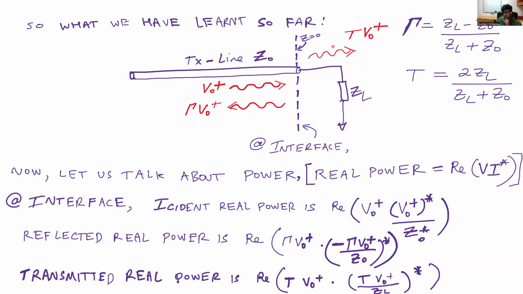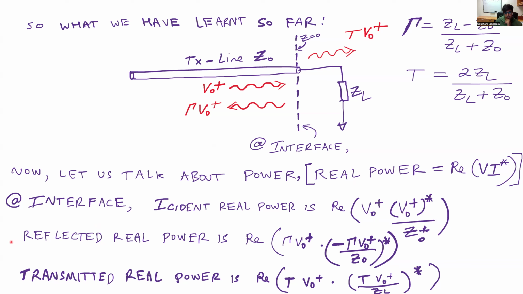So if you put z equals 0, the phase factors are just going to disappear. And therefore, the incident real power is going to be the real part of the incident voltage times the incident current complex conjugate. So it's going to be V naught plus times V naught plus complex conjugate over Z naught complex conjugate.